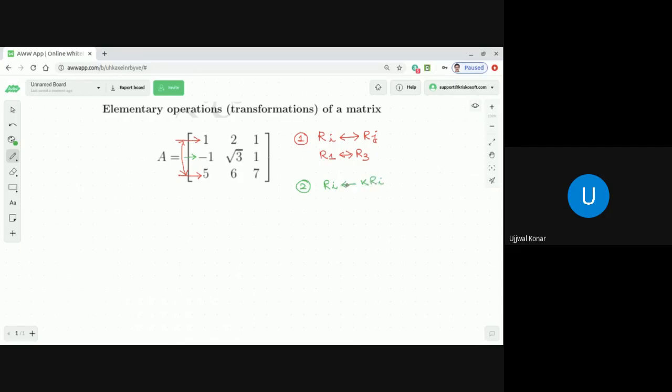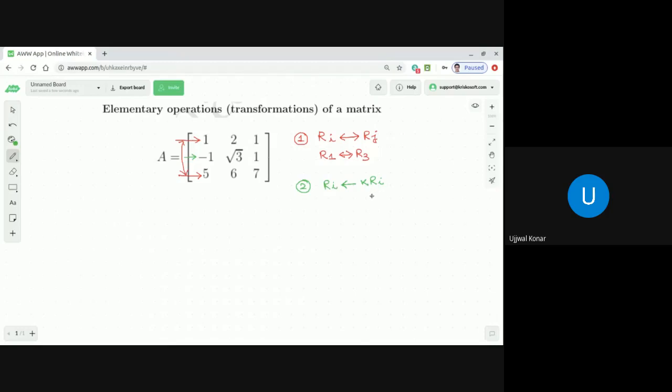You see, dear students, I give an arrow on the left hand side like this. Why? Because the new Ri means the new element in the ith row is the old element in the ith row multiplied with k. Each and every element is multiplied with k. So that is k of Ri goes to Ri.